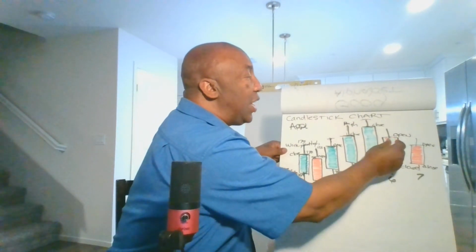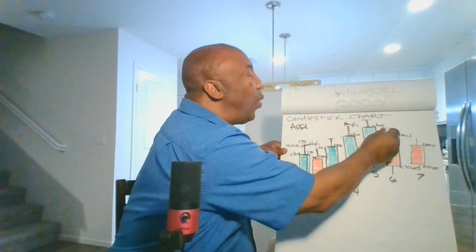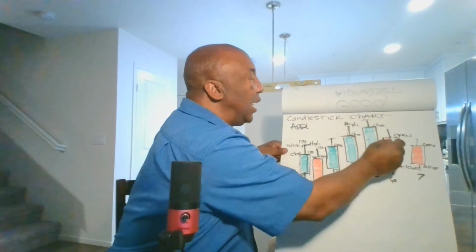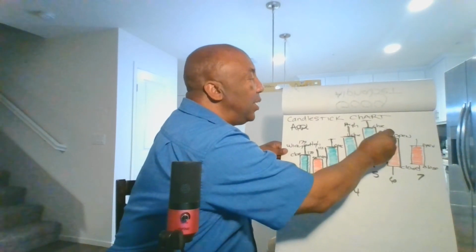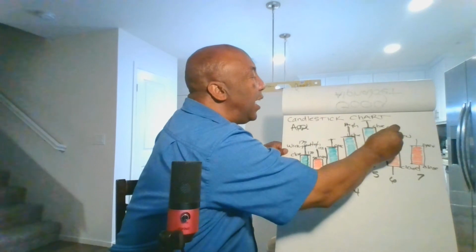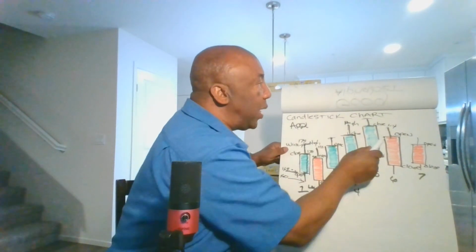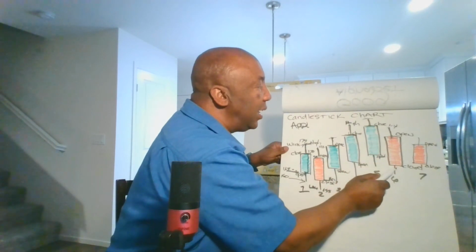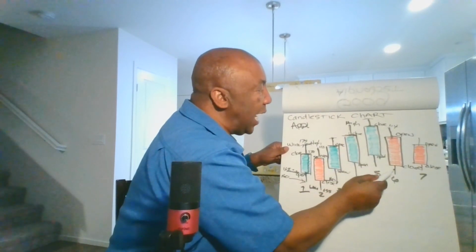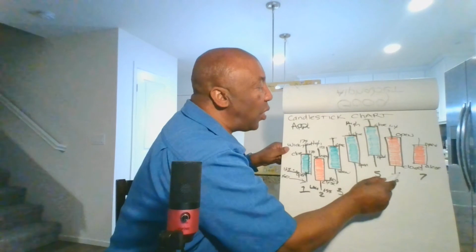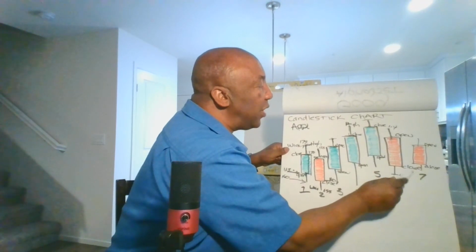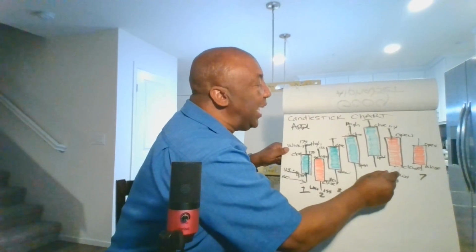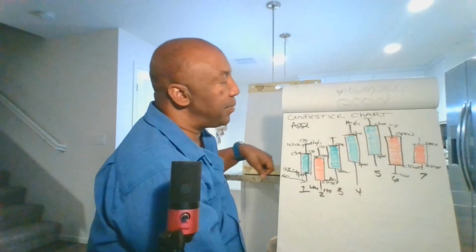Next day it opened here and went up. This was the high for the day, but it was a bearish day. So what happened? It came back down. The sellers overtook, and it went all the way down here for a low. This was the low for the day, but it settled here. This is where it closed.